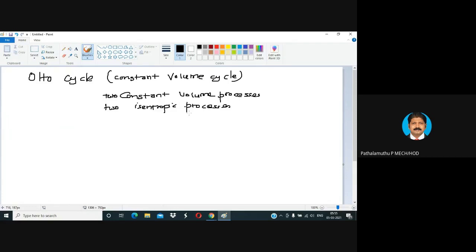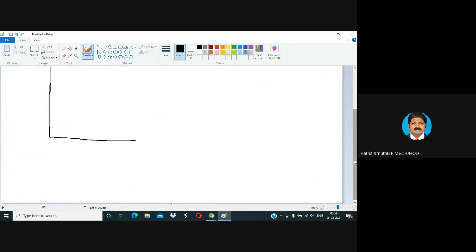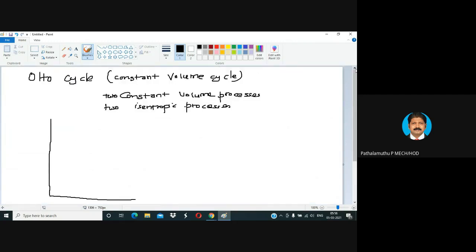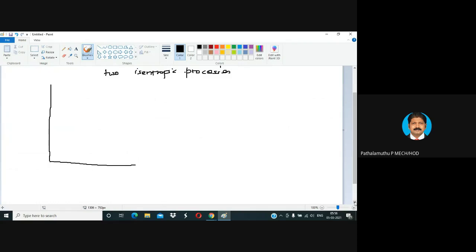The PV and TS diagrams, pressure volume and temperature entropy diagrams, are for Otto cycle. Pressure P in y-axis, the volume in x-axis.